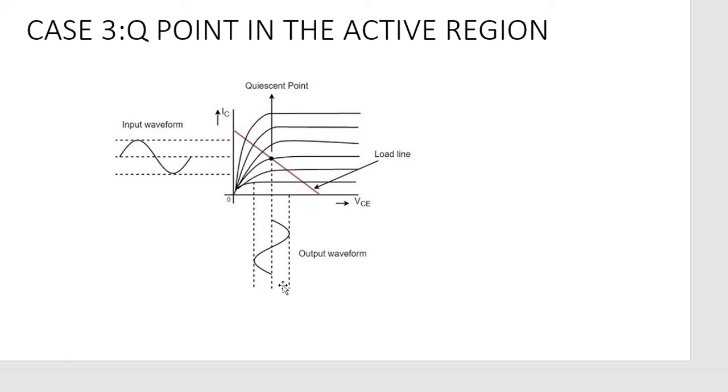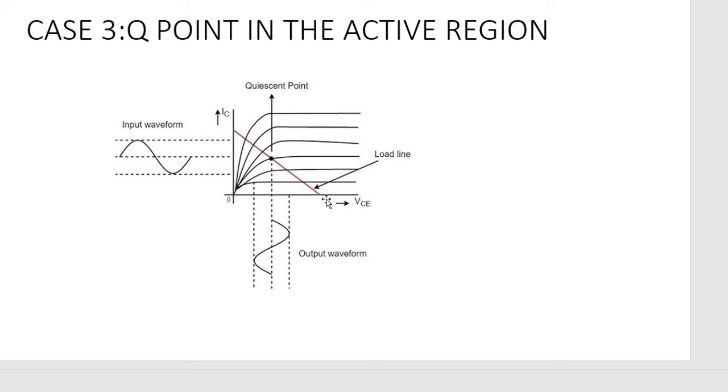So this is a very important concept. That is, in order to configure a transistor as an amplifier, or to operate the transistor as an amplifier, the Q point must be halfway or midway between the saturation and cutoff points. Okay, so midway between these two points means the value of VCE will be equal to VCC divided by 2.